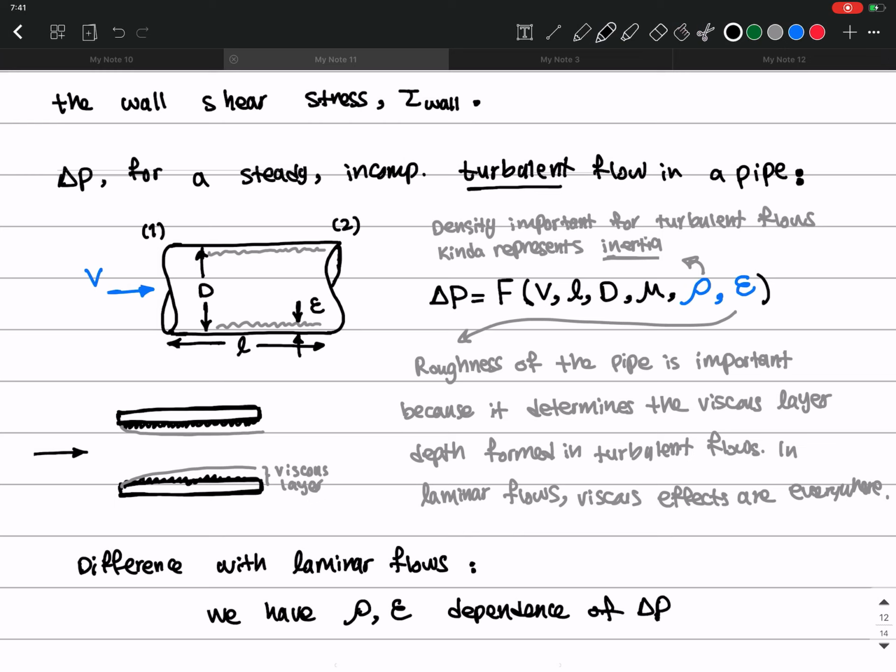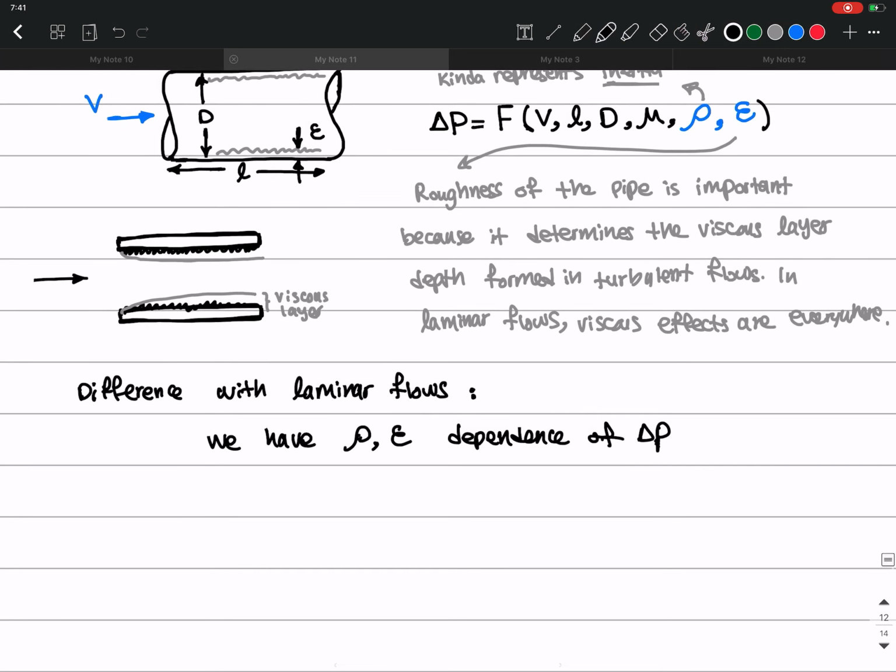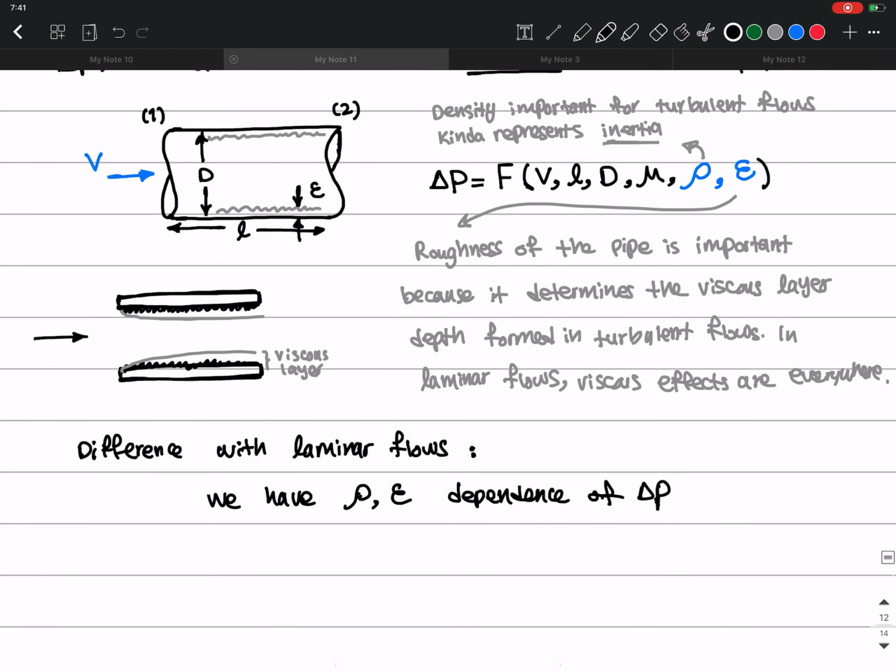These two are also going to be important for determining delta P in turbulent pipe flows.